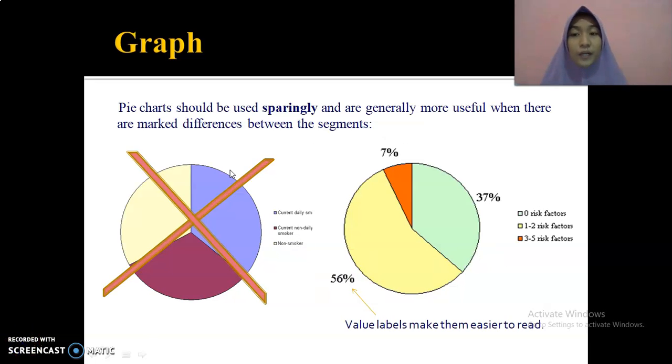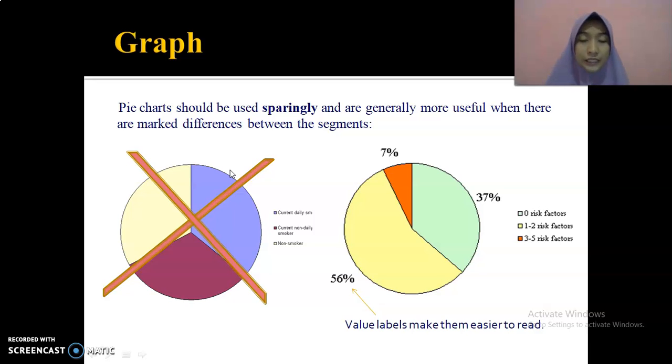Next is about pie charts. Pie charts should be used sparingly and are generally more useful when there are marked differences between the segments. You can look at the first picture of a pie chart. It's false because there's no percentage.